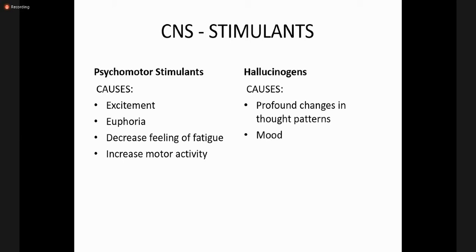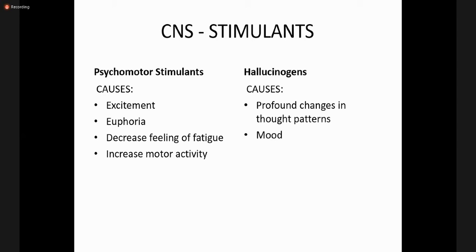So what will happen if that person does not take that substance or drug? There will be withdrawal symptoms, right? Or we can say there may be development of abstinence syndrome. But there is a slight difference.